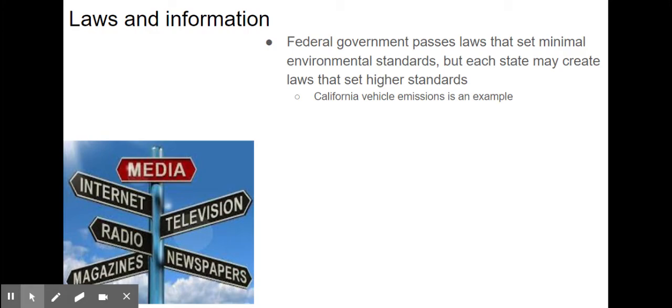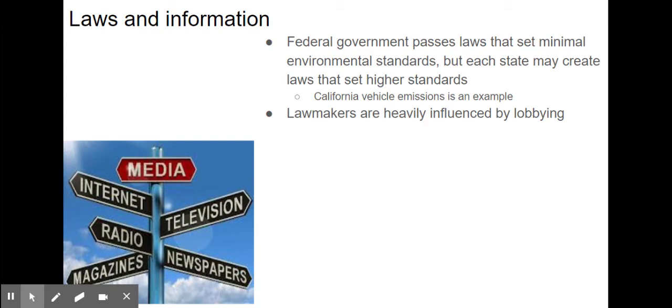If you buy a car in California, it costs more because they have different things on their car to help improve how much pollution it puts out. If you have a car in Florida and you decide to move to California, when you go to register your car, it's going to cost you more because the cars in Florida do not have the same standards that the cars in California do.